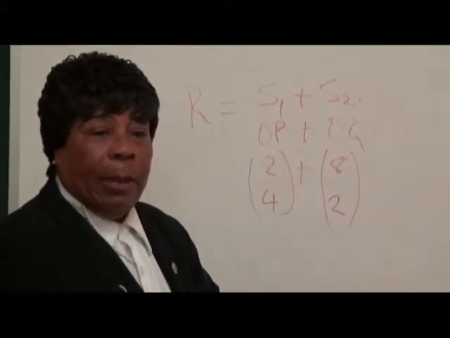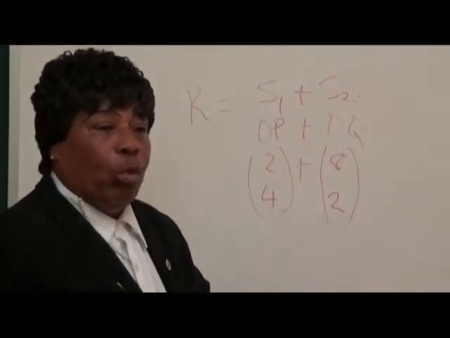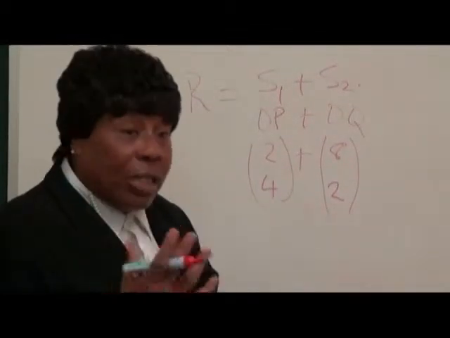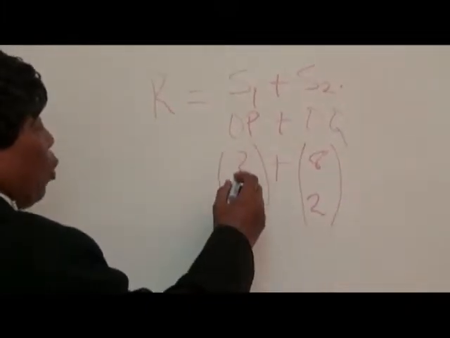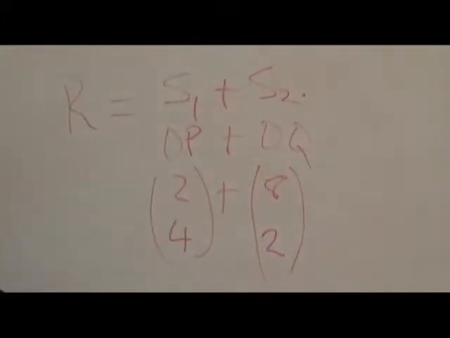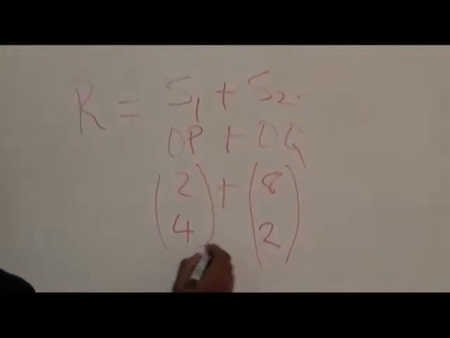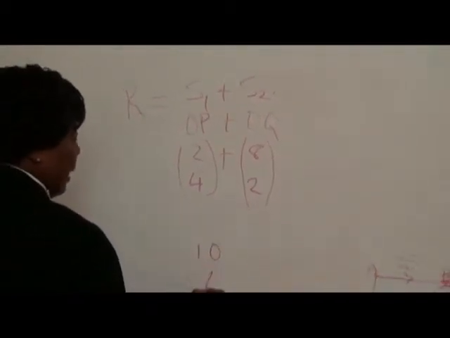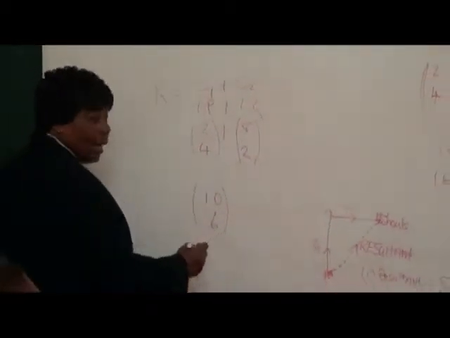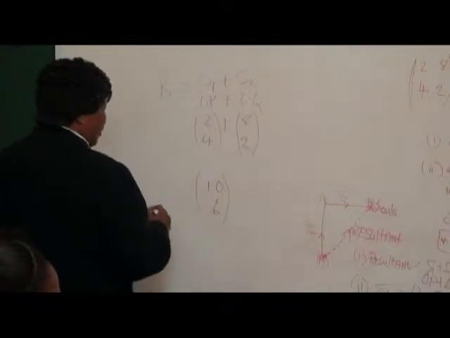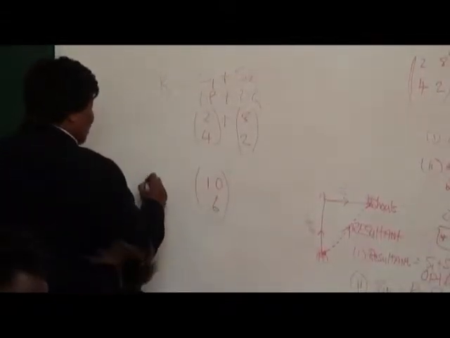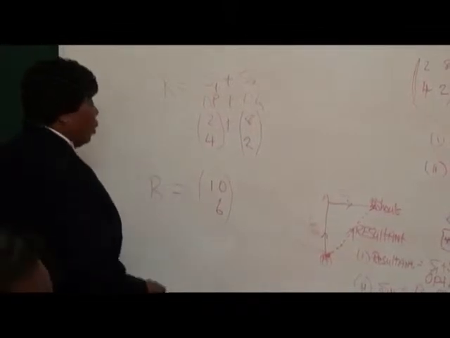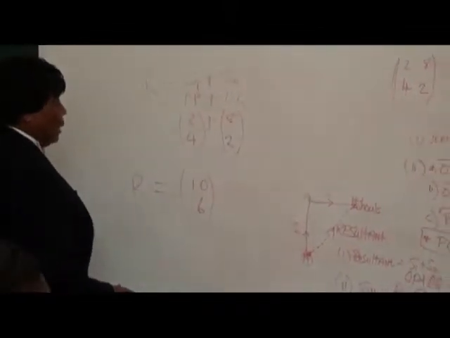So right away, teachers, you're teaching them the addition rule one time too. And you're associating it with what they do know already. So it would be 2 plus 8 would give you 10. And 4 plus 2 would give us 6. Okay? Is that true? Yes. So the resultant here is equal to 10, 6.